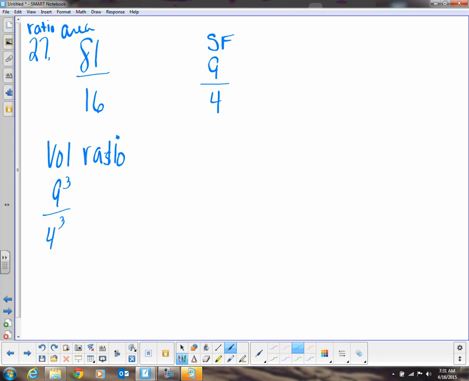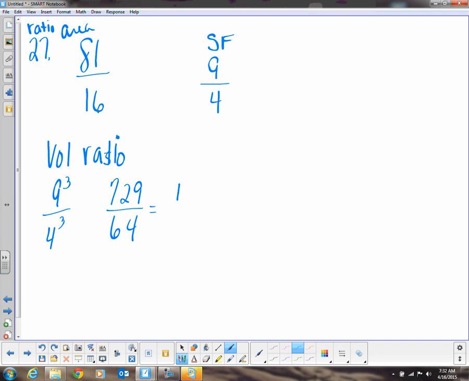Now, did I do that one right? I said on 27 that 9 cubed was 729 and 4 cubed was 64. Because I'm assuming that's right. So then it says, if the volume of the larger is 128 pi, where does 128 pi go?